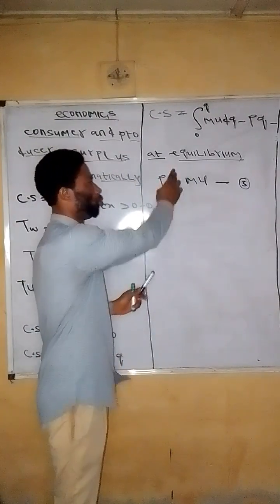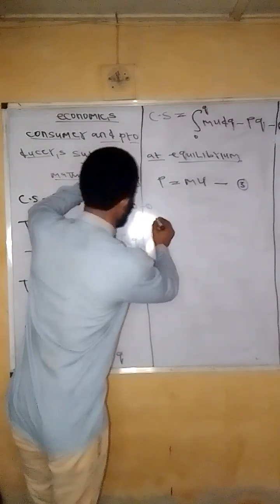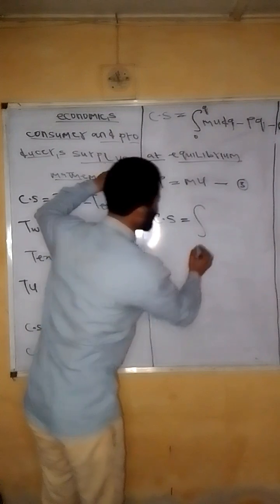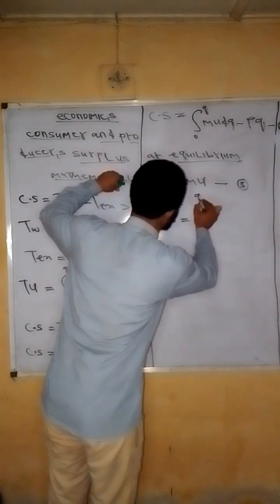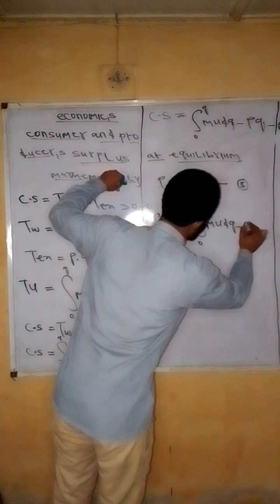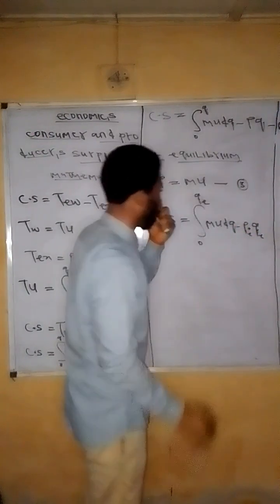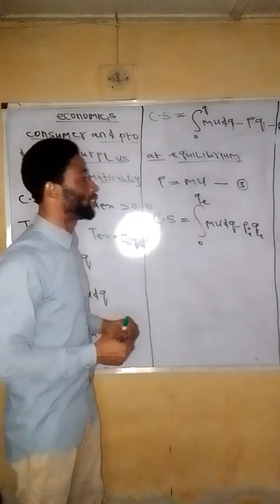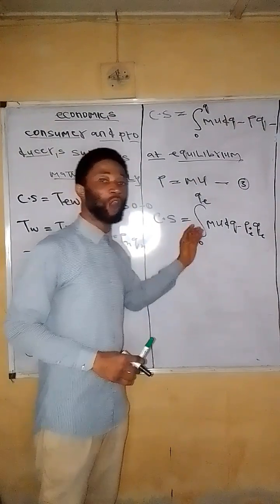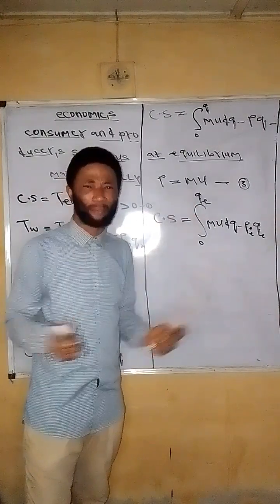So, if this is true, if you insert equation 3 into equation 2, we are going to have that consumer surplus, CS, is the definite integral from 0 to Q, where this Q is the equilibrium quantity, of MU dQ minus PQ. Please take note, this P and Q are respectively the equilibrium price and the equilibrium quantity, because it is only in a perfectly competitive market that consumer and producer surplus is maximized.